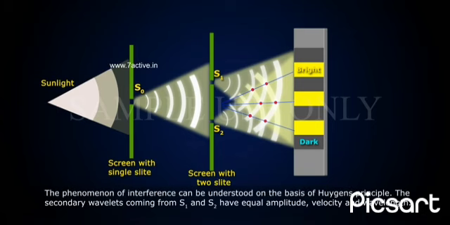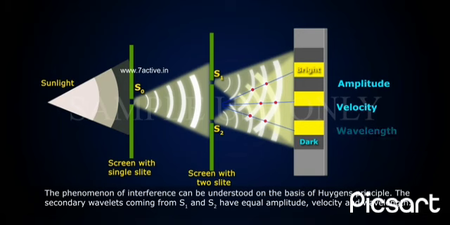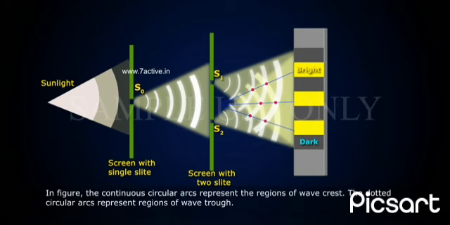The phenomenon of interference can be understood on the basis of Huygens' principle. The secondary wavelets coming from S1 and S2 have equal amplitude, velocity and wavelength. In the figure, the continuous circular arcs represent the regions of wave crest.